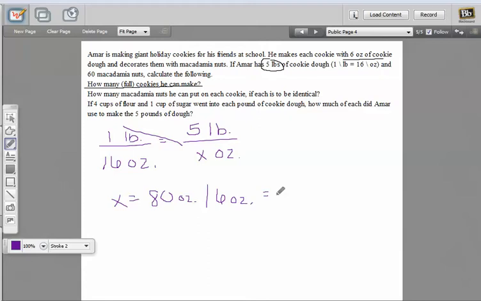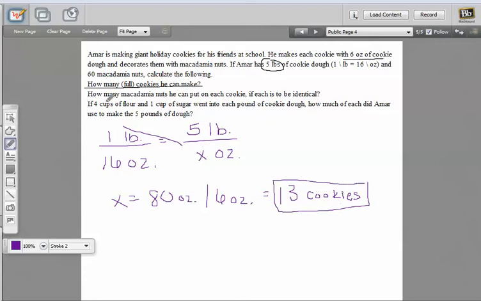So 80 divided by 6 is 13 1/3. So really, he can only make 13 full cookies because he does have some leftover dough, but he can't make another cookie with that leftover dough. He doesn't have enough. So he's got 13 cookies that he can make.